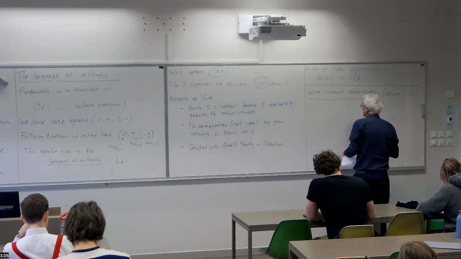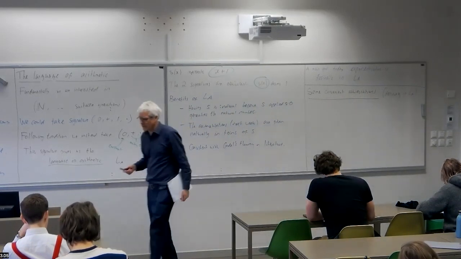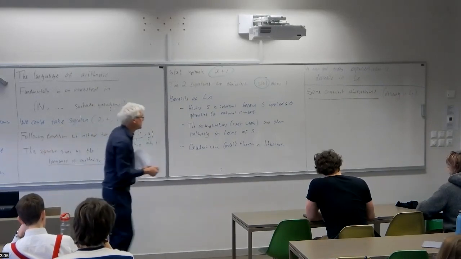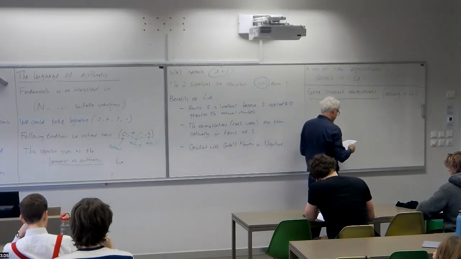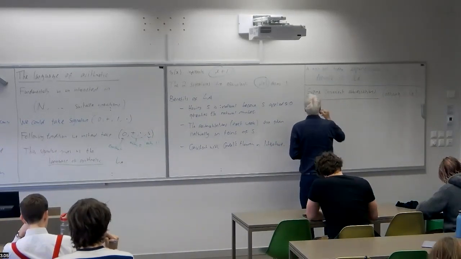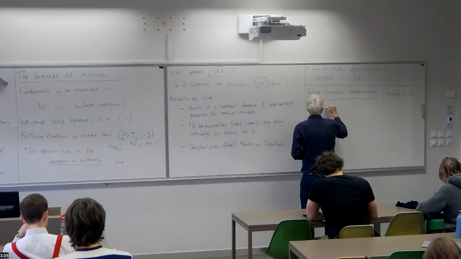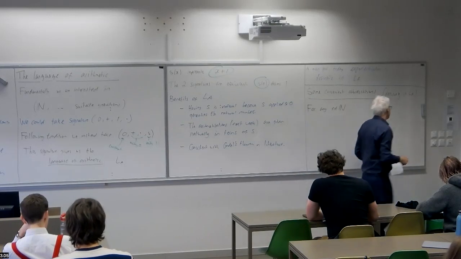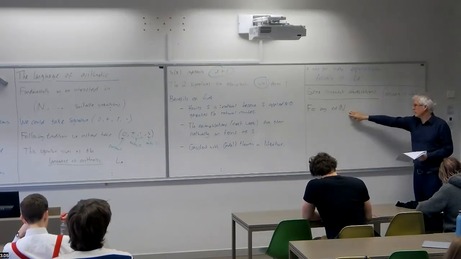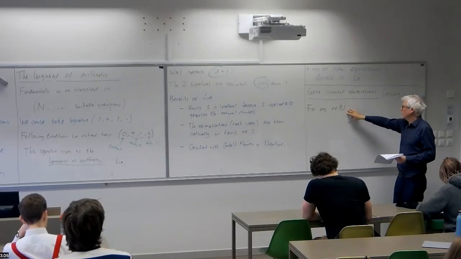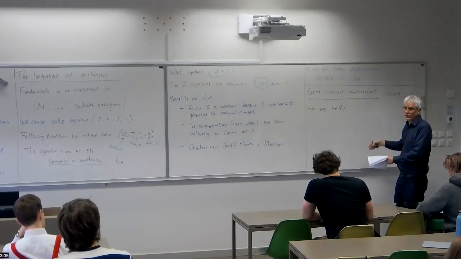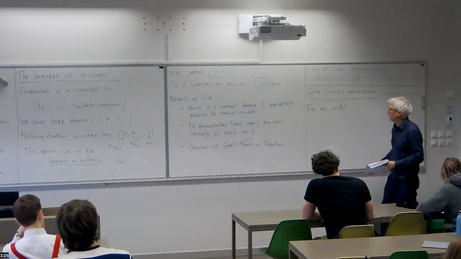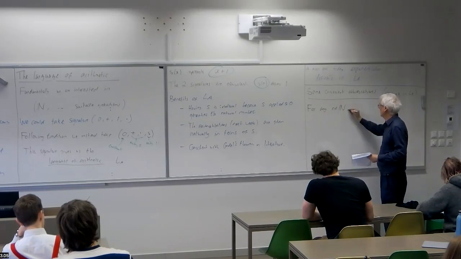So let's start off very basic. Firstly, something really trivial. For any natural number n, which is a natural number in that platonic world of mathematical things, we identify a closed term, a term with no free variables, in the language of arithmetic that represents that number.